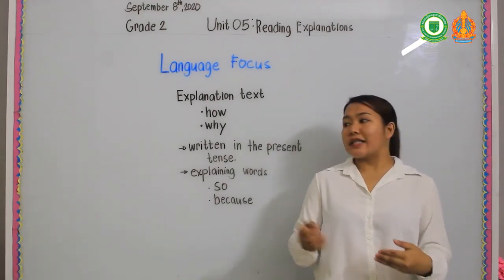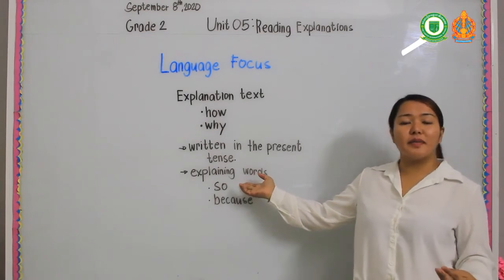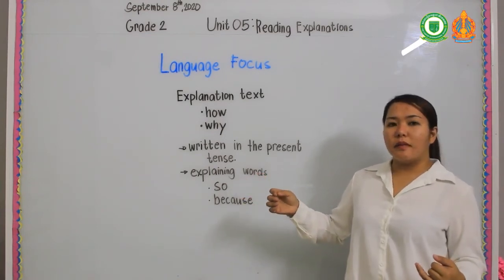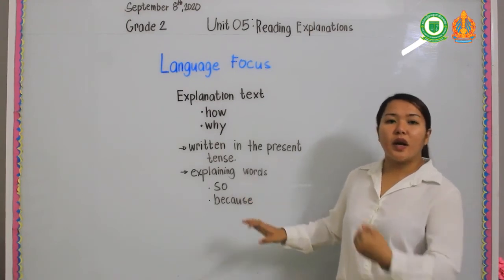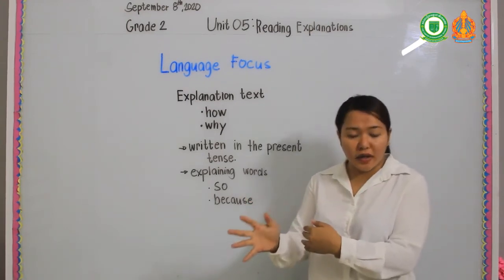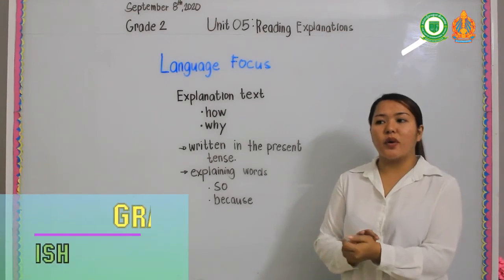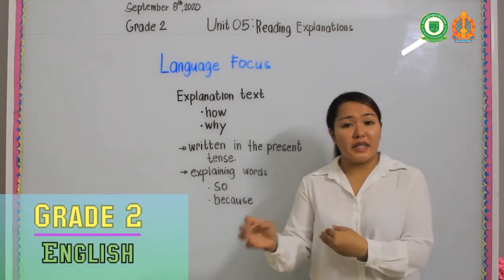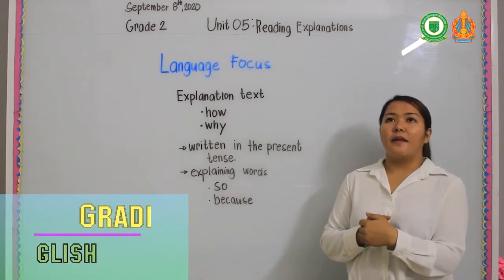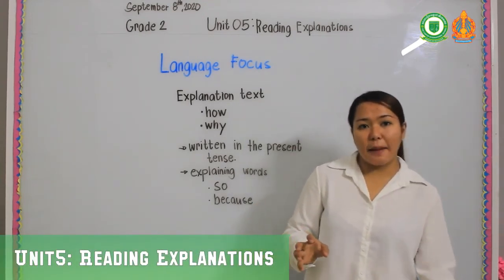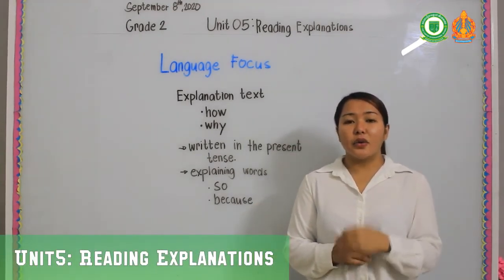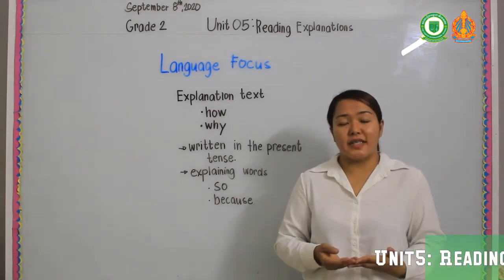Because it's explaining words, meaning whenever we use this in explaining something, we are trying to give more explanation. We want to give more details. We want them to understand more why something is happening, so that your audience will also understand.